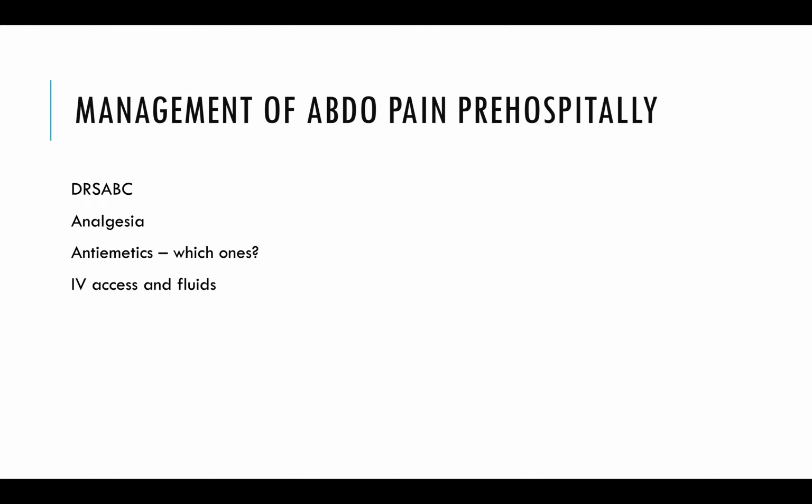In terms of management in abdominal pain, there's not a lot of really specific management for different types of abdominal pain. As with any patient, we do our primary survey, our doctor's ABC, and you want to fix and treat any of those things. Someone who has abdominal pain may have circulatory collapse.